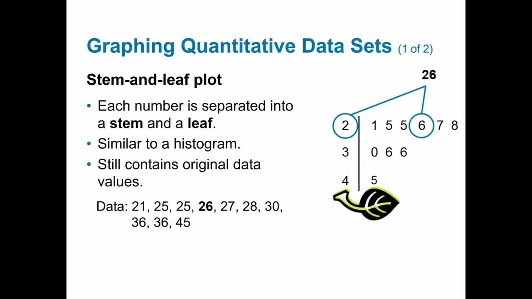So what happens is we separate each data value into a stem and a leaf. The way we do this is whatever our data value is, the very last digit of a data value is the leaf, or sorry, the stem is everything to the left.